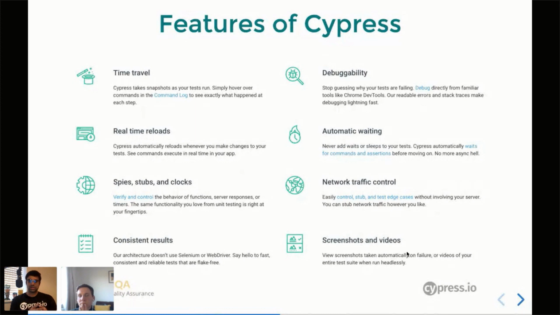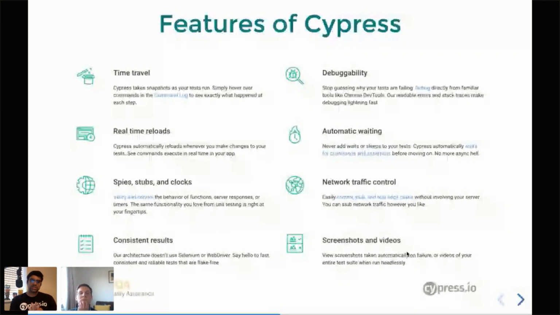But in Cypress, the beauty is you don't have to explicitly tell anything about the wait time; it directly waits for everything. And the other one is real-time reloads. When you change something in your automation code and save it, it automatically executes in the web browser. You don't have to trigger it manually, and when you go to the page, you will see that the test case is getting executed.